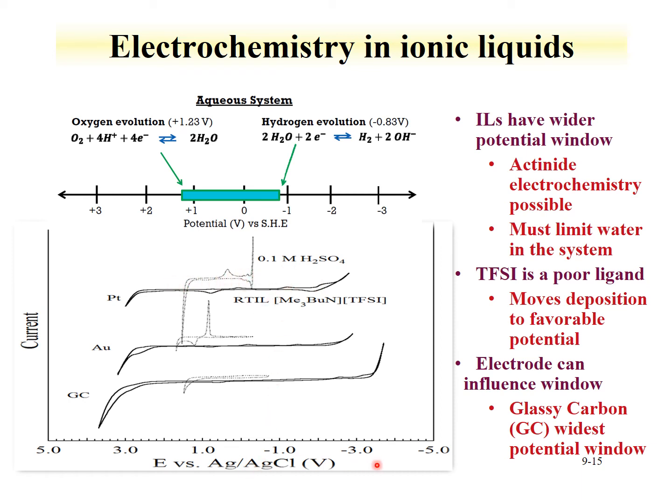The large negative regime that's accessible allows reduction of the metal ions, and as we see here, the glassy carbon electrode is the best system. We also note that the TFSI is a poor ligand, so it can be removed and allow the deposition of the metal on the electrode surface.